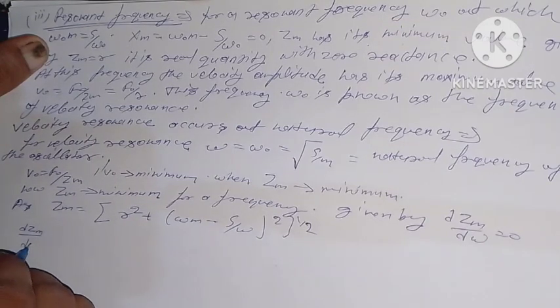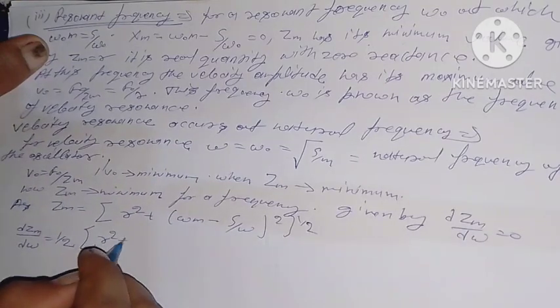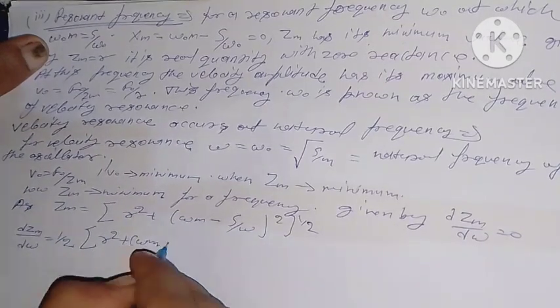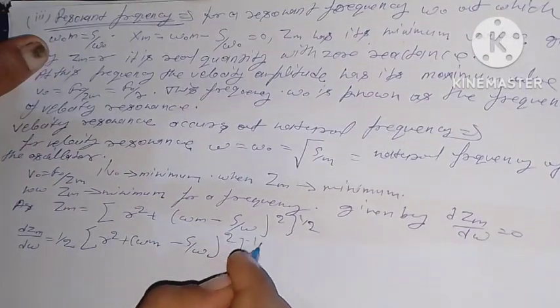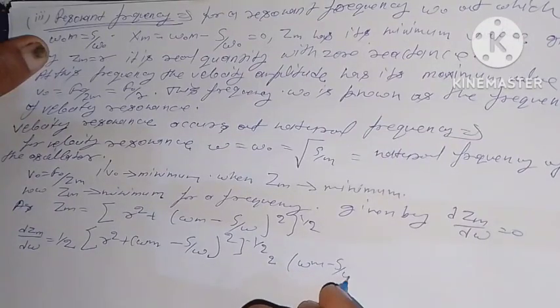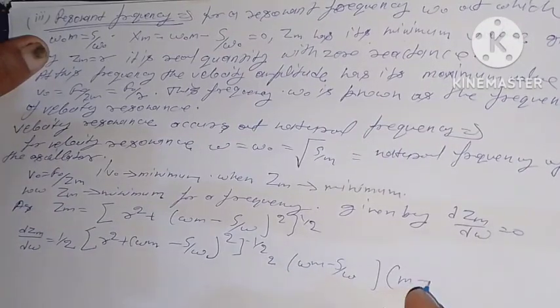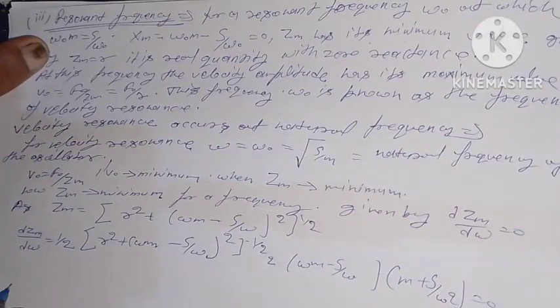Then dZm upon d omega equal to 1 by 2 in bracket R square plus omega m minus S by omega whole square, whole to the power minus 1 by 2, into 2 omega m minus s by omega, m plus s by omega square, equal to 0.